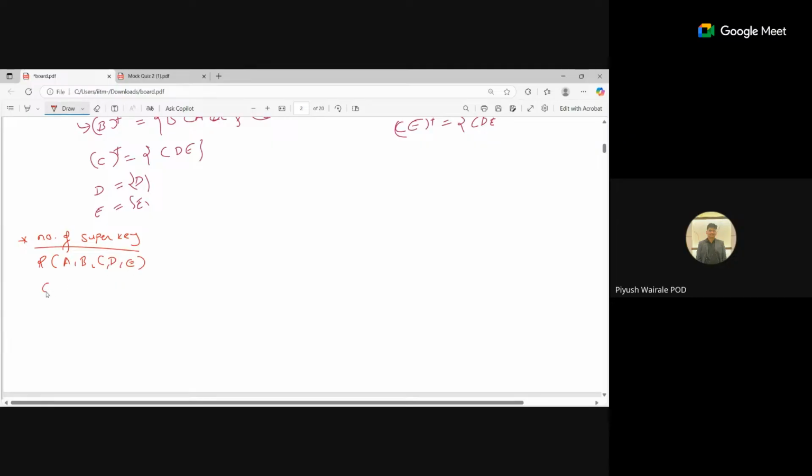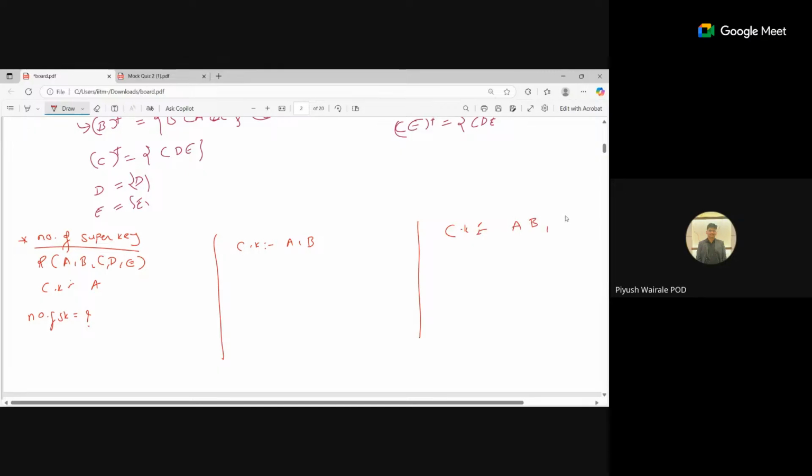And let's say first we have only A as the candidate key. Tell me how many super keys we have. 16.